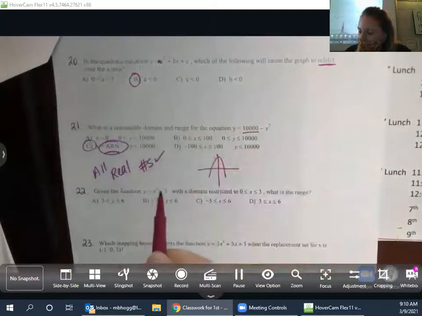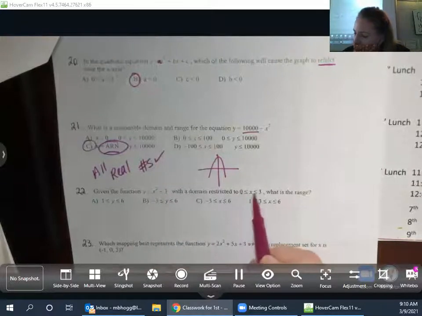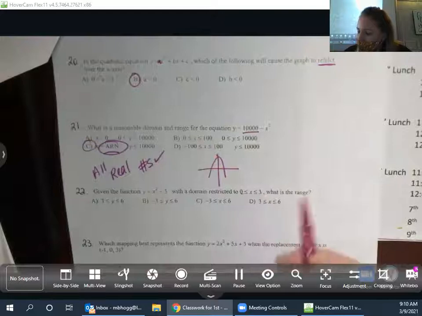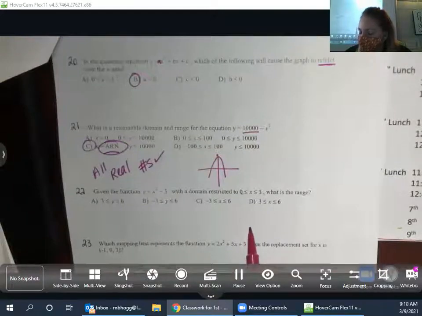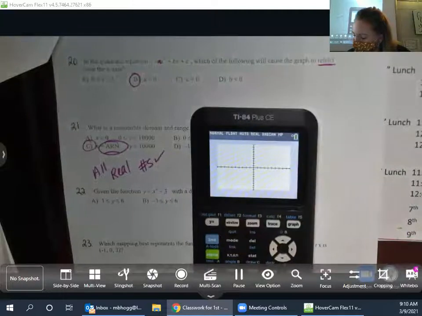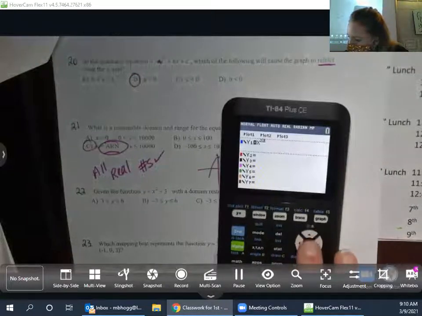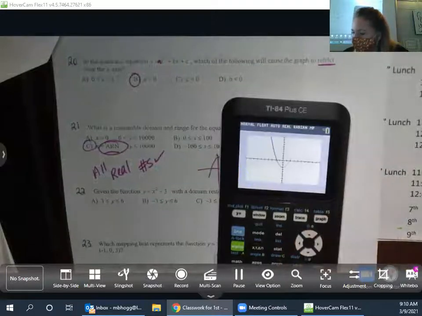Given the function x squared minus 3, the domain is restricted to between 0 and 3. What is the range? Okay. So what they're doing, we need to put that in our calculator. X squared minus 3. And I'm going to graph it.